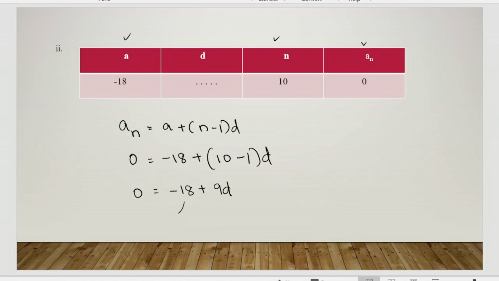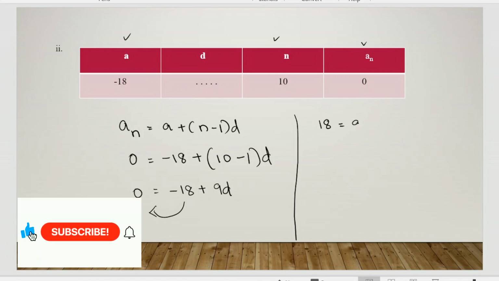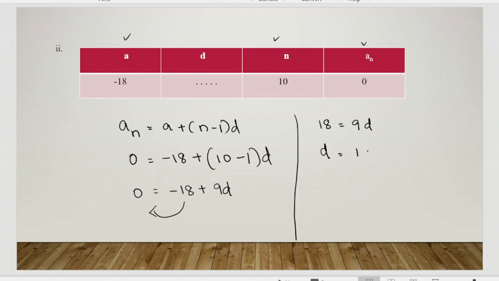So I am taking this minus 18 to the LHS. You will get 18 is equal to 9D. So if you want the value of D, it becomes 18 by 9, which is 2. So the common difference will be 2. Okay, the common difference is 2.